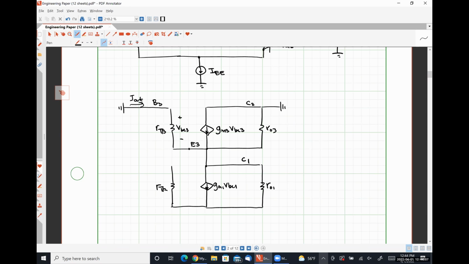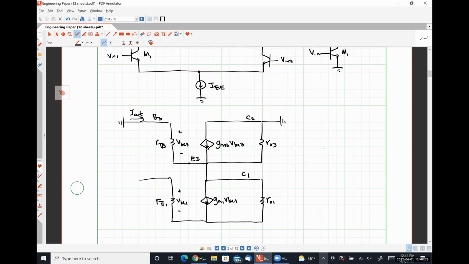Here is R pi 1, excuse me. Here is VBE1. Our input signal is applied to the base of M1. So here's VN. This is the base of 1.